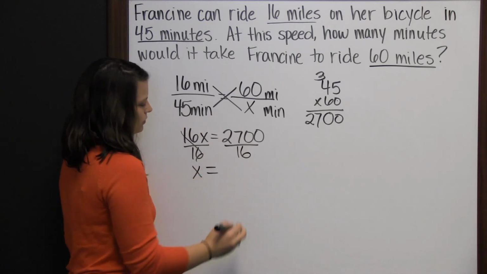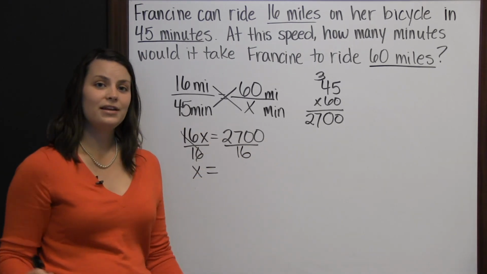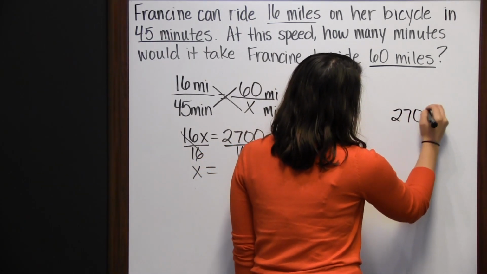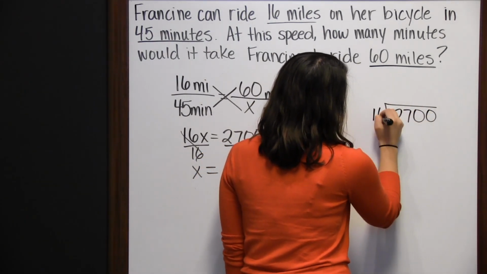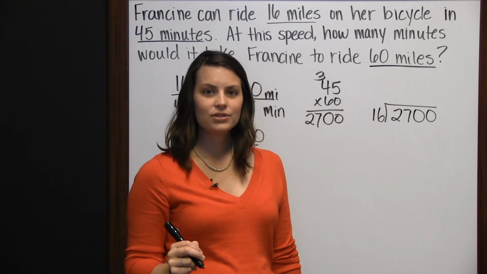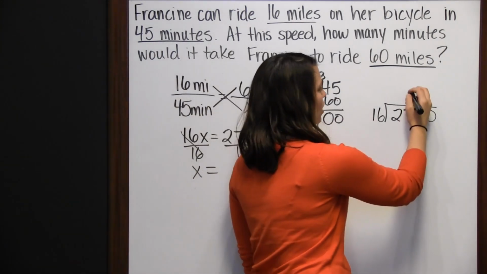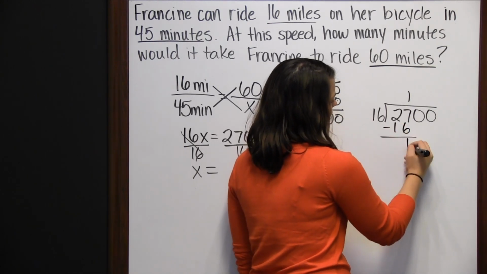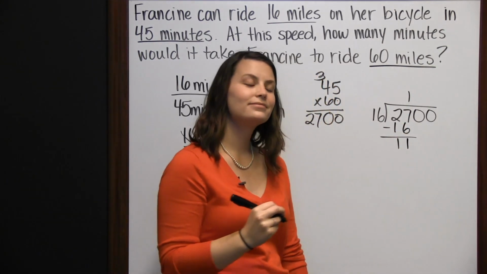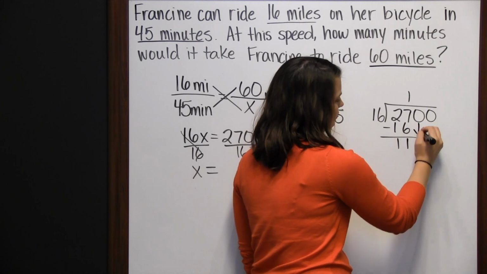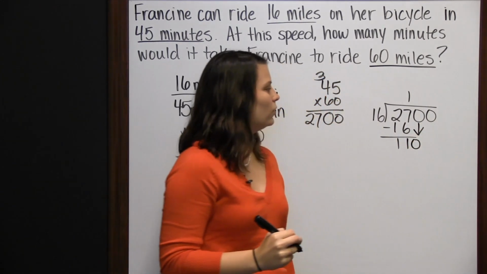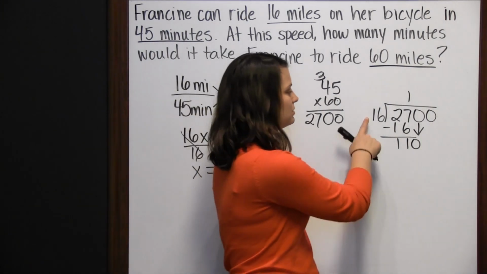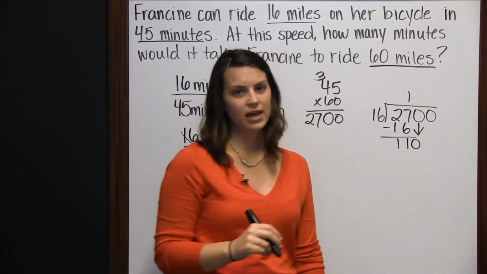And then we solve for x by dividing both sides by 16. So x equals 2,700 divided by 16. 16 goes into 27 one time. And that's 16, and we subtract and get 11. Then we bring down our 0. We could use 15 as a compatible number to see how many times 15 would go into 110.